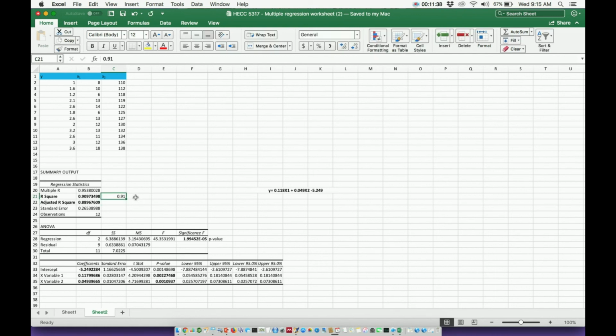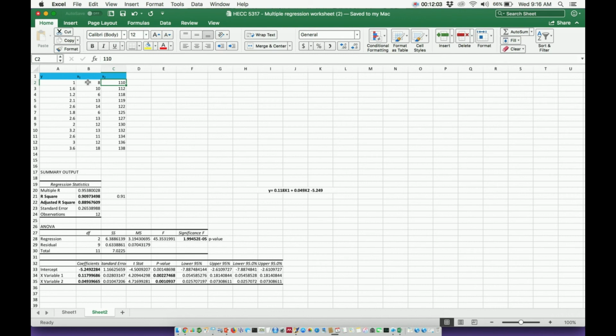What that means, and this is a hypothetical data set, normally they don't come out this nicely, but this means that 91% of this y variable, any time I take this y variable, 91% of the time, it is explained solely by these two x variables, which is very powerful.